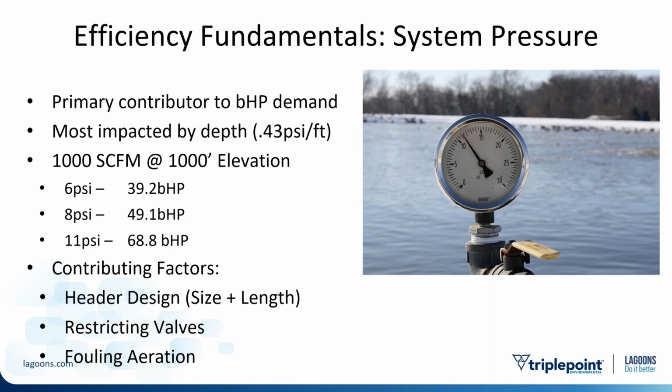So you can see there's a pretty linear correlation of the deeper I go or the more pressure I need for whatever reason, the more horsepower is going to be required to get air to where I need it. And you can read horsepower as cost. So for every horsepower, it's 0.746 kilowatt, approximately on average, that you're paying for that energy to create that level of pressure. So brake horsepower equals cost.